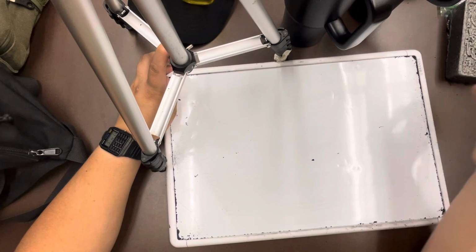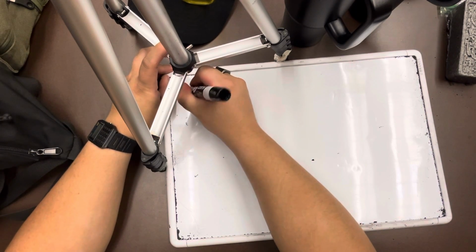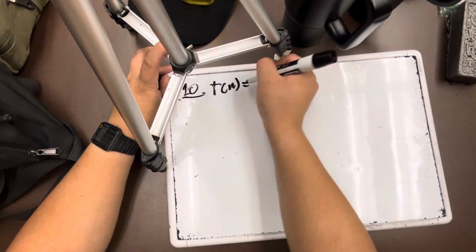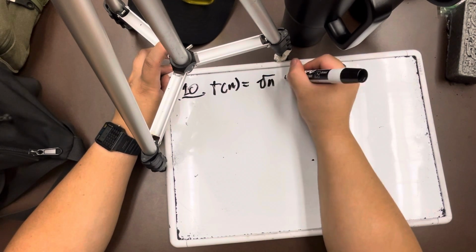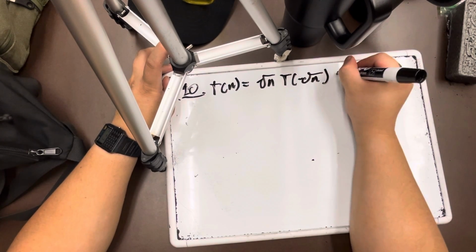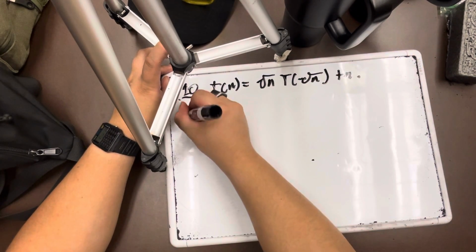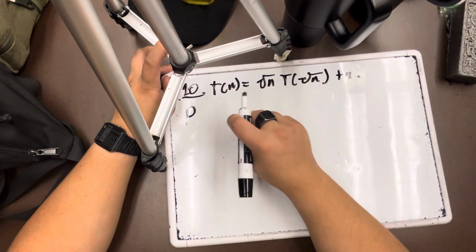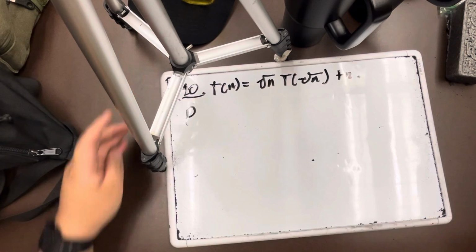For part 10, we have T(n) is equal to the square root of n times T of square root of n plus n. Now, intuitively, we just change variables to m equal to log n and normalize by 2 to the m, right?